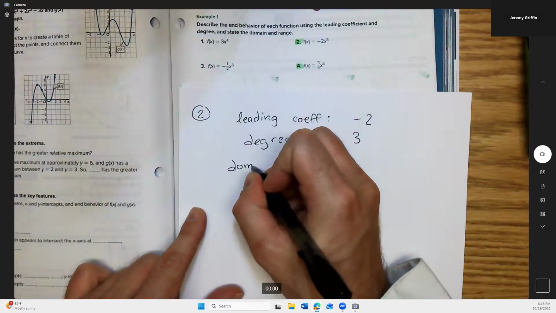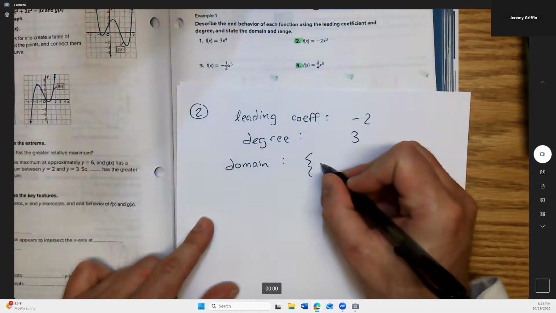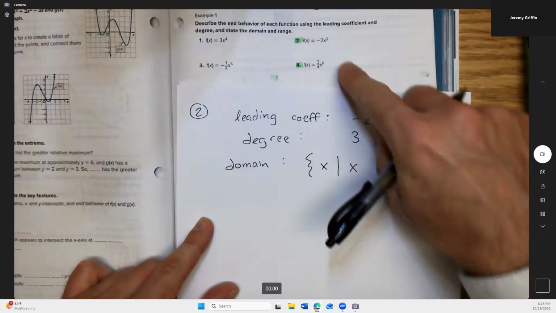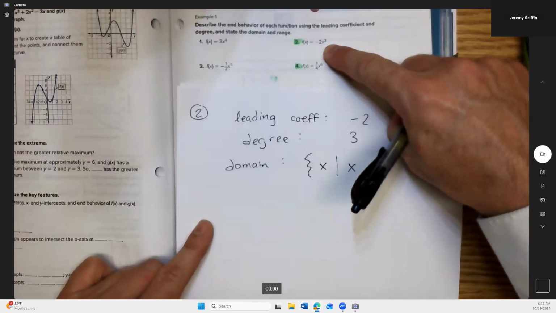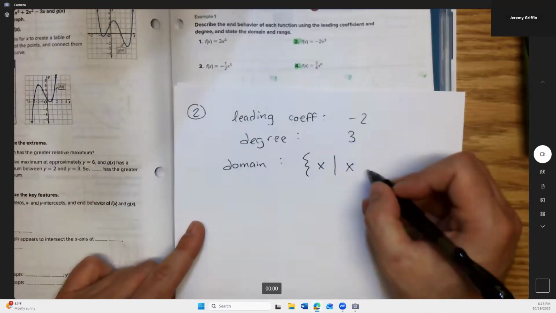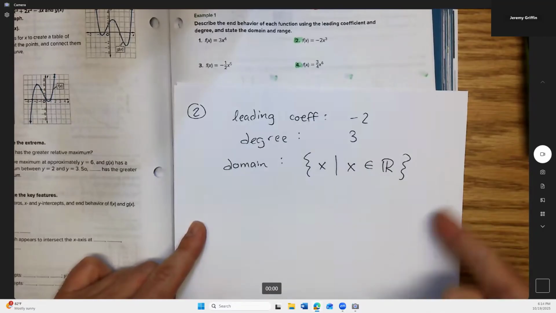So domain, here, I'll use set builder notation. How about x such that x, well, I don't see any reason for any restriction on that. X could be anything. I could go from negative infinity to infinity. So I'll say element of all real numbers. You guys remember that? There's my set builder notation.